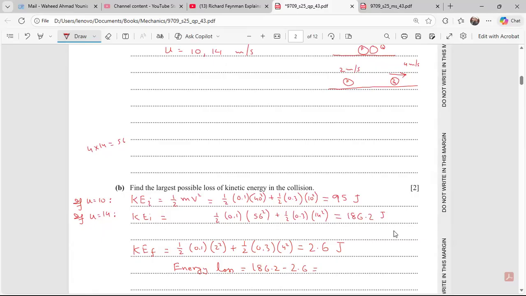So how much is this? 186.2 minus 2.6 comes out to be 183.6.